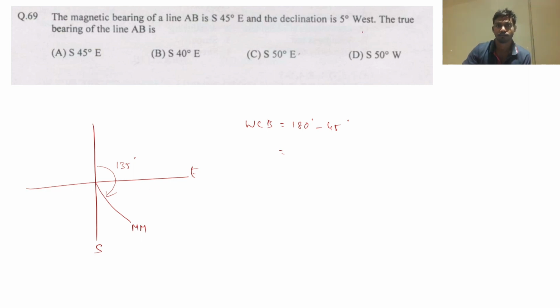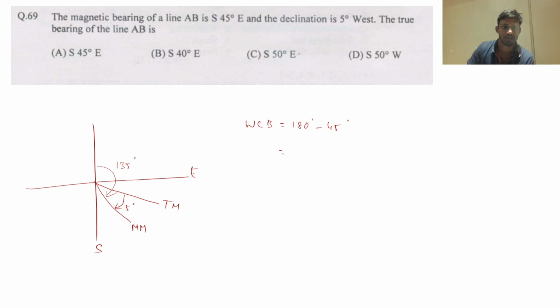So the declination is 5 degree west. So what that indicates? That means the magnetic meridian is 5 degree west to true meridian. Declination is 5 degree west.